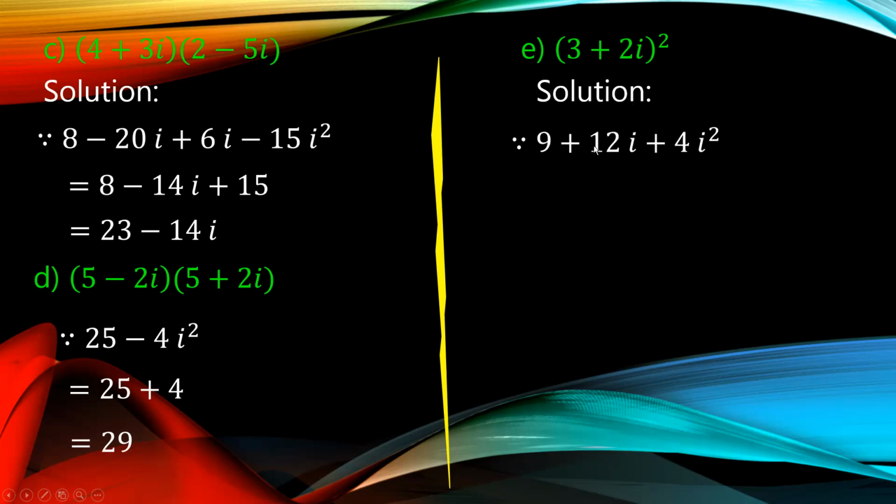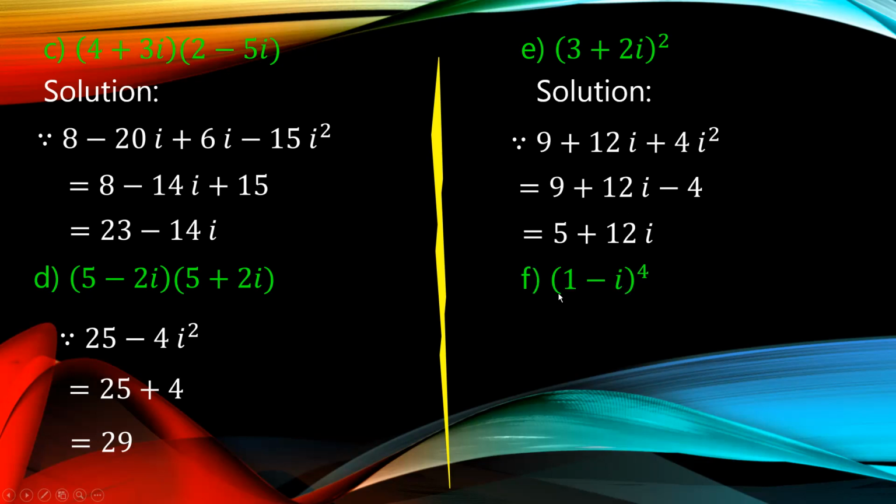Here, 9 plus 12i plus 4i power 2. 4i power 2 equals negative 4. 9 minus 4 equals 5. Then it will be 5 plus 12i.